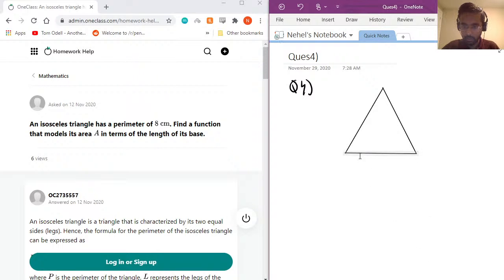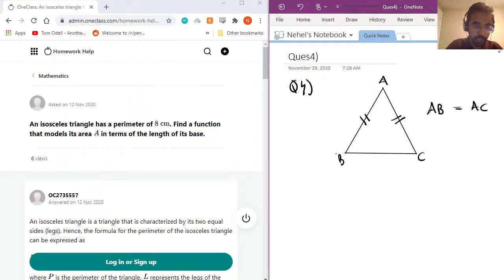Okay, and perfect. So an isosceles triangle has two of its sides equal. In general we represent them by these two equal signs on the sides. So if we have this as the triangle ABC, we say that AB equals AC, so the lengths are equal. So that's the property of an isosceles triangle.